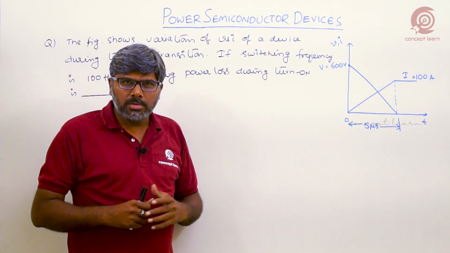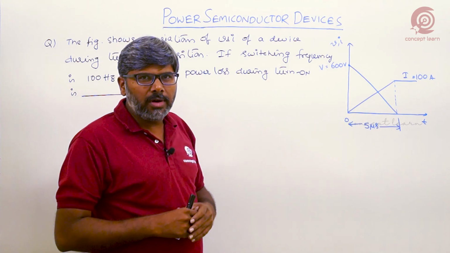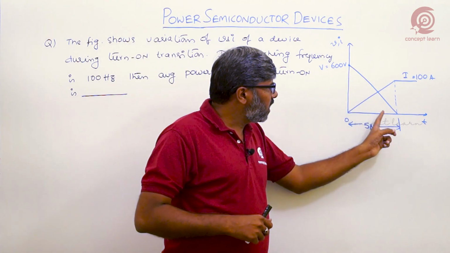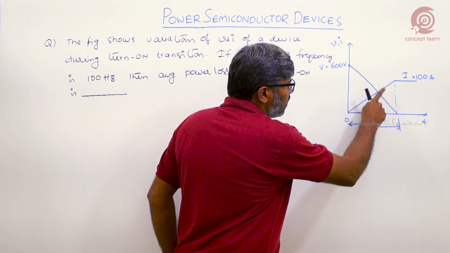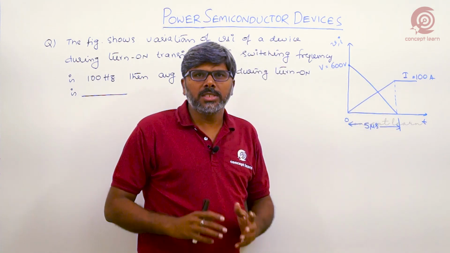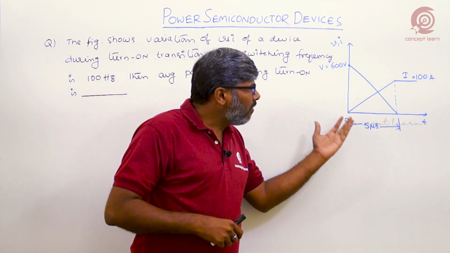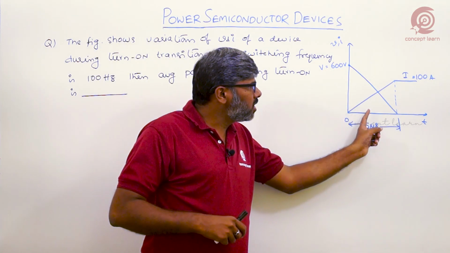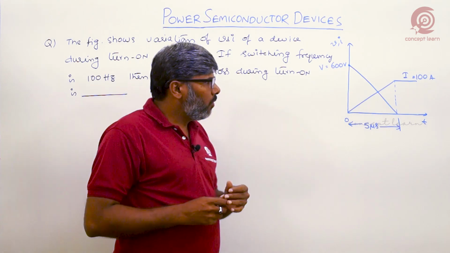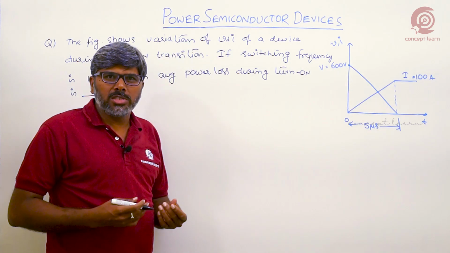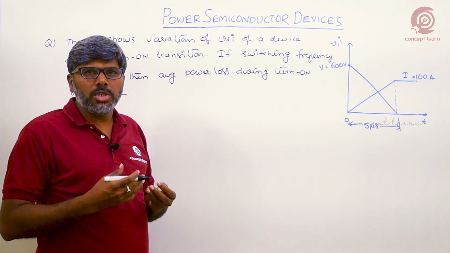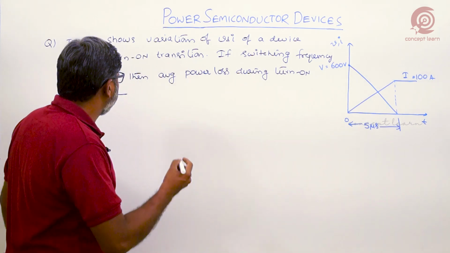When you observe the switching characteristics of the given device, the voltage is decreasing, current is increasing. Definitely this is a switching turn on transition. So what is the average power loss during this switching transition? We know how to calculate power loss of a switch during switching transitions.